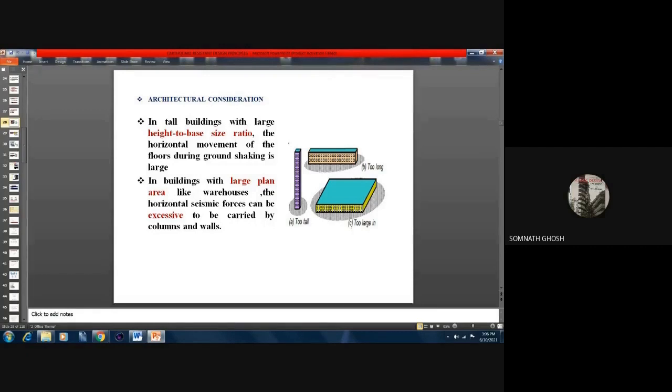In buildings with a large plan area, like a warehouse, the horizontal seismic force will be excessive to be carried by the columns, and you have to assess accordingly. Don't take it casually. Too long is also not good. So all these things you have to be careful of.